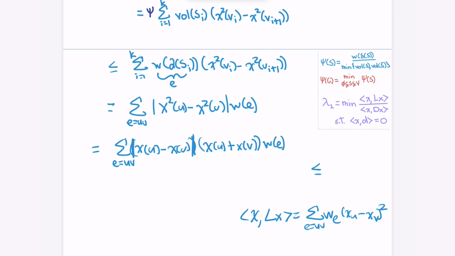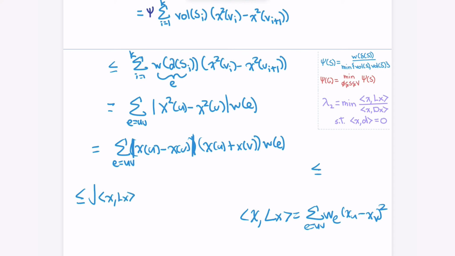Which almost looks like something we have, right? We have the weight of e, and we have the absolute value of x_u minus x_v. But I really wanted something like (x_u minus x_v) squared. Maybe what I can do, I'll write what I claim it is, and you can tell me why.